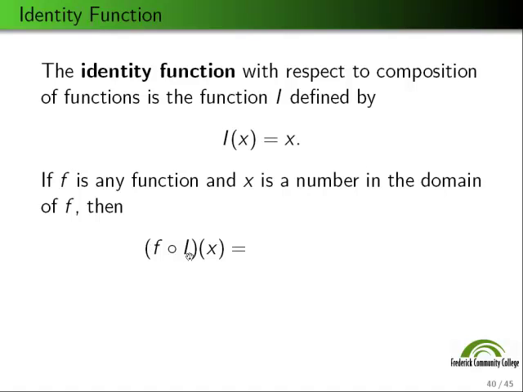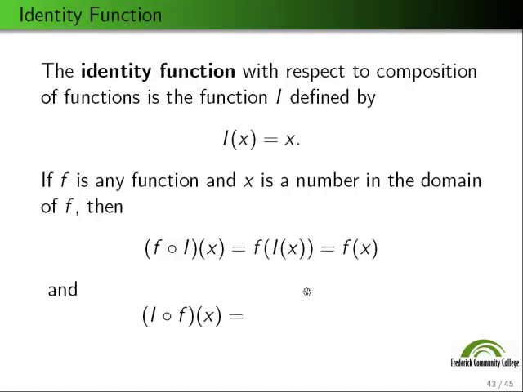So if we take f composed with I of x, remember f is any arbitrary function, but I of x is specifically x. We're plugging I of x into f, but I of x is x, so this is simply f of x. So we compose f with I, and our result is f of x.